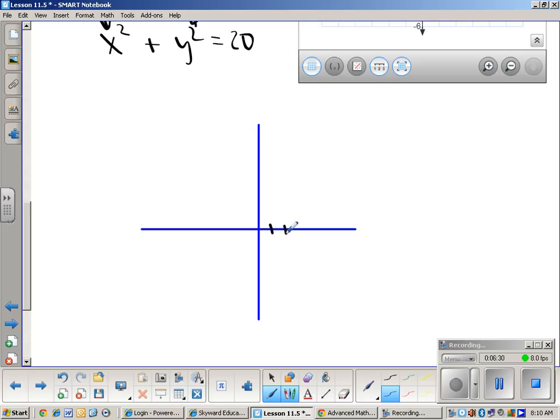I would go over 5, up 5, left 5, down 5, and this is really hard on the board, and it's a little easier on paper, but anyway, I would sketch. Does it have to be perfect? It can't be perfect if you're sketching it.